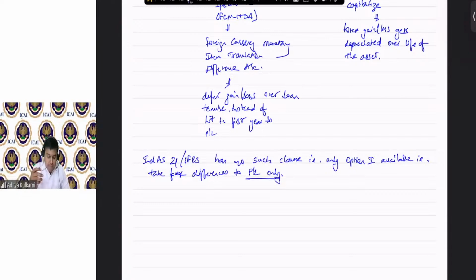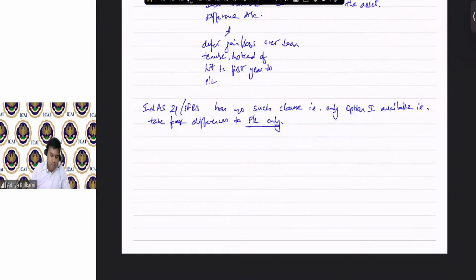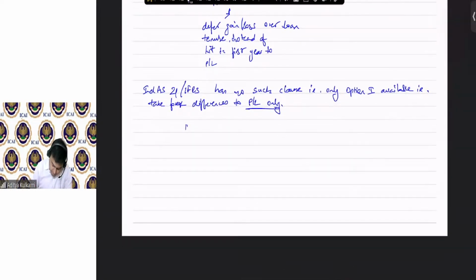So therefore, we are having the following transition guidance, which is given. This is the conflict with AS 11.